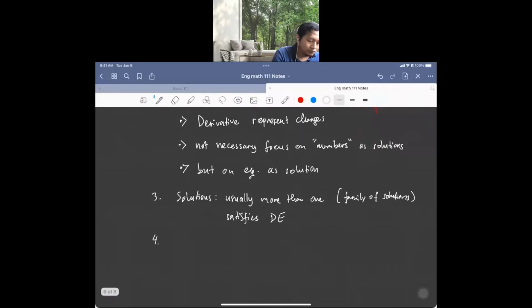And the other thing is usually we are given some conditions. We say it's called the initial conditions.